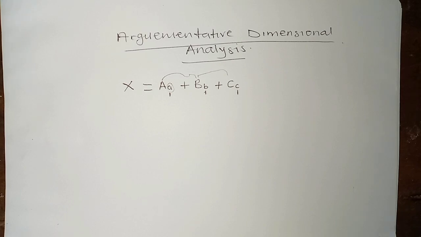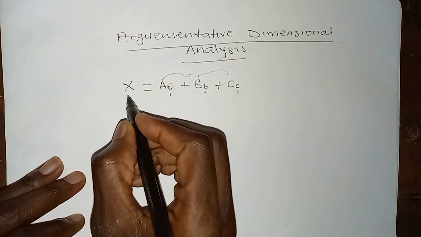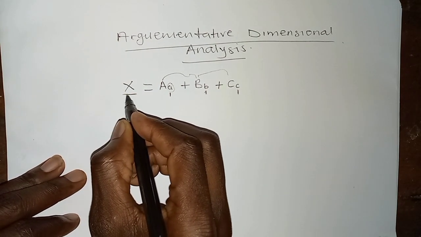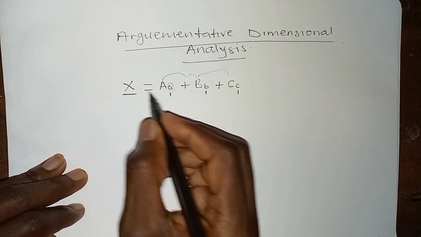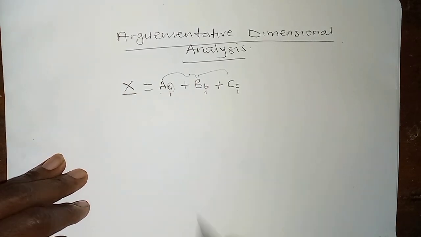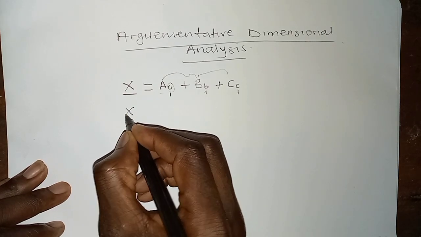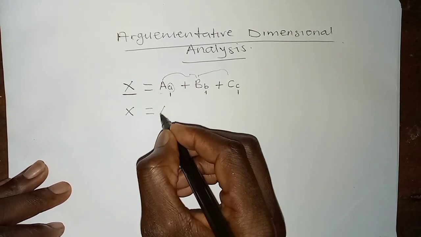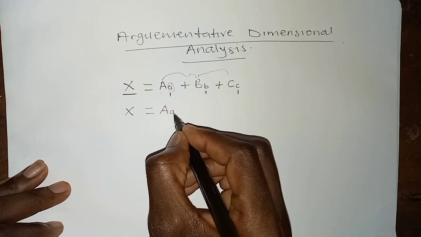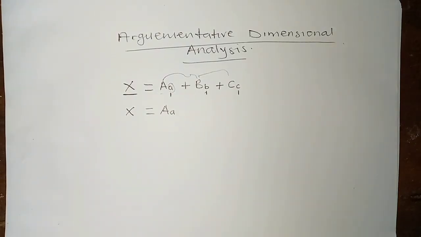So according to argumentative way of dealing with dimensional analysis, the thing you're supposed to do is we always equate the dimensions on the left hand side to what you have on the right hand side. How do you equate? In this case, we are going to equate x as a dimension to A subscript small letter a.